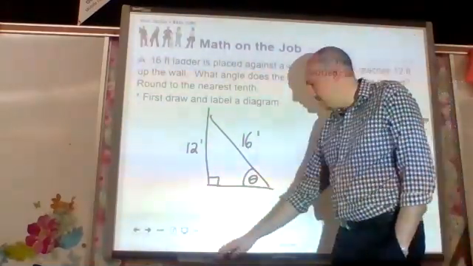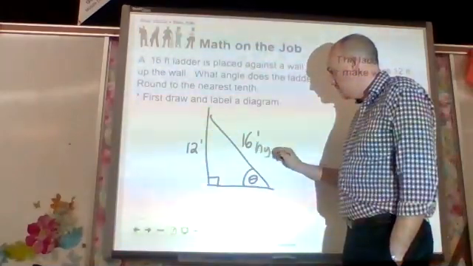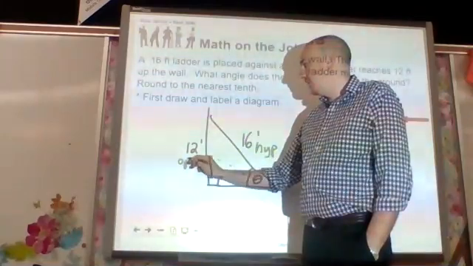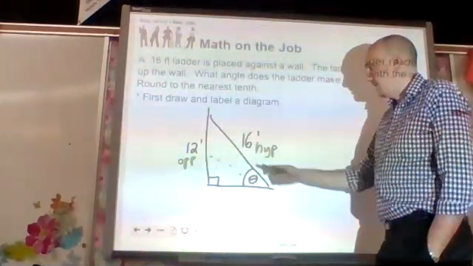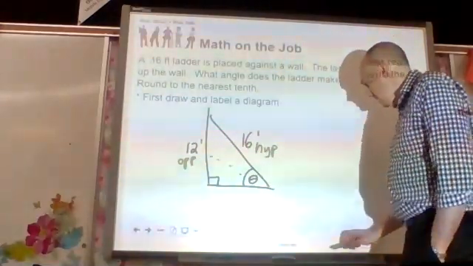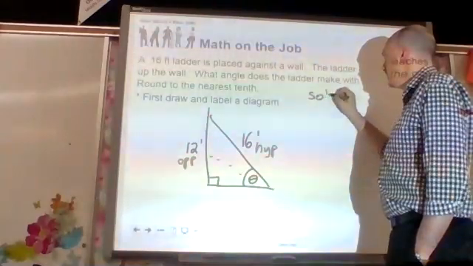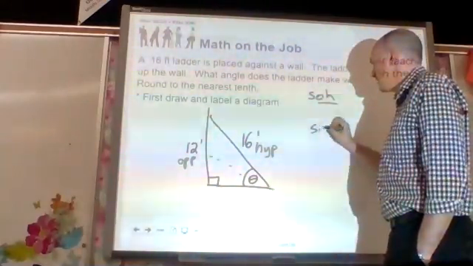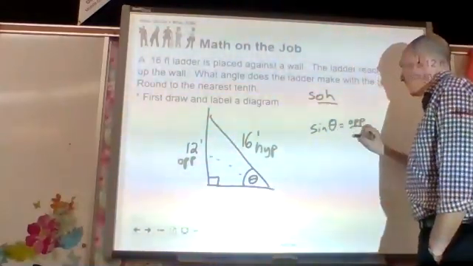Okay, so now I look at my triangle, I label hypotenuse, always across from the right angle. Go across the triangle from the angle I'm interested in, my reference angle. That's my opposite side. I've got opposite and hypotenuse. The trig ratio that uses opposite and hypotenuse, from SOHCAHTOA, is sine. So sine of my angle equals opposite over hypotenuse.